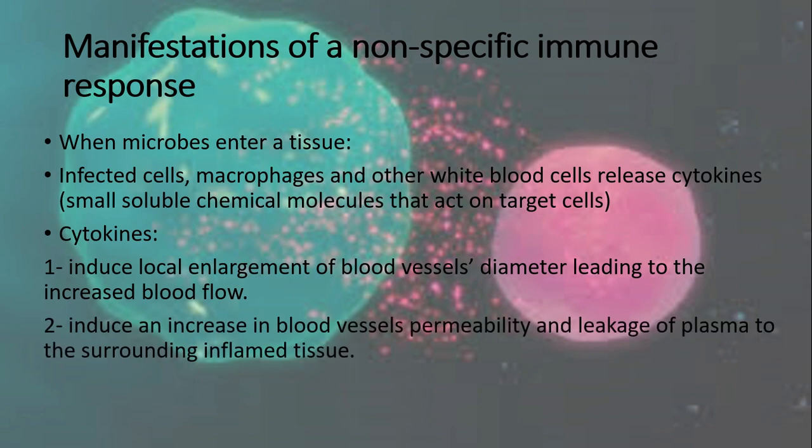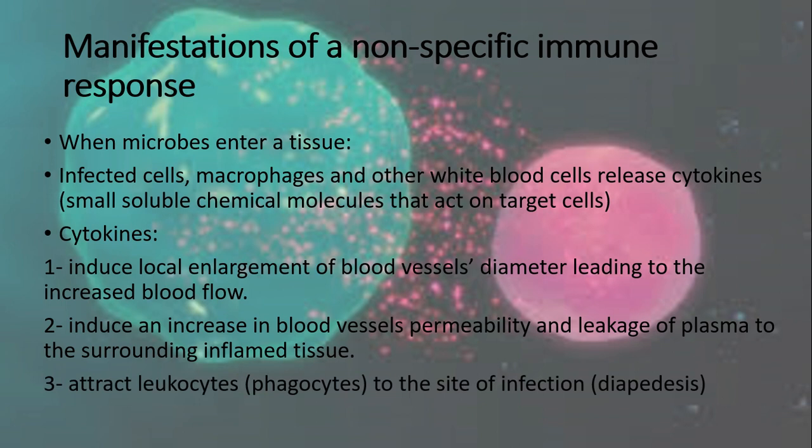They also increase the blood vessels' permeability, so they allow the plasma and the white blood cells, particularly the phagocytes, to leak out of the capillaries into the inflamed tissues. Also, these cytokines are going to attract the phagocytes, part of the leukocytes, to the site of the infection after they undergo the process of diapedesis.